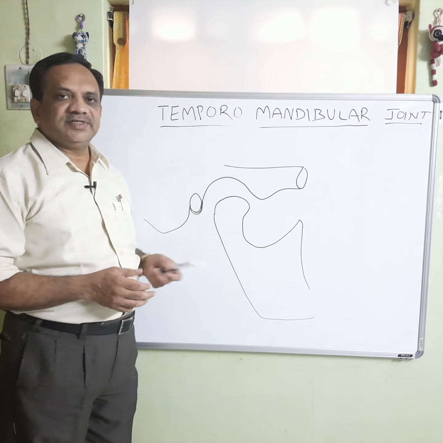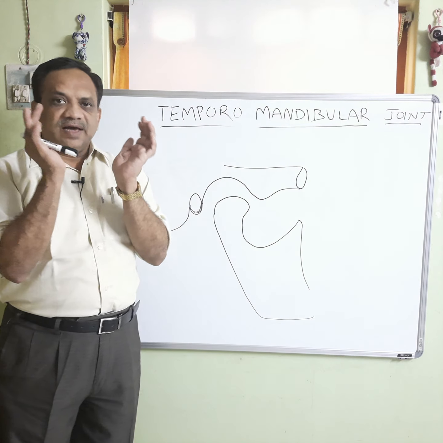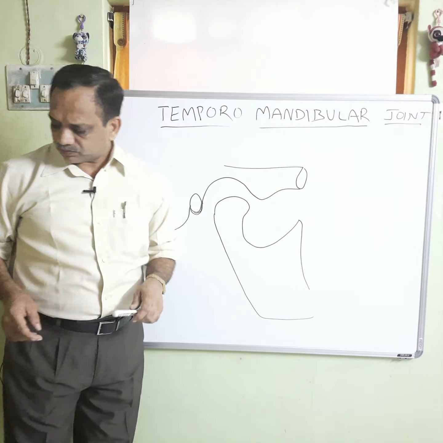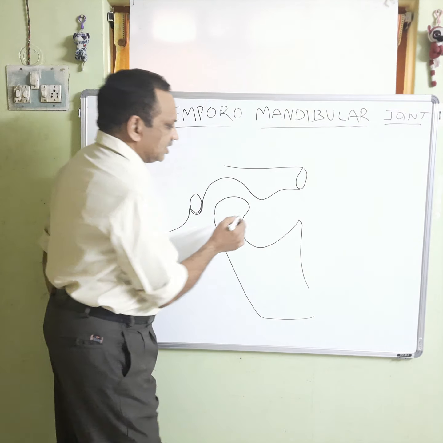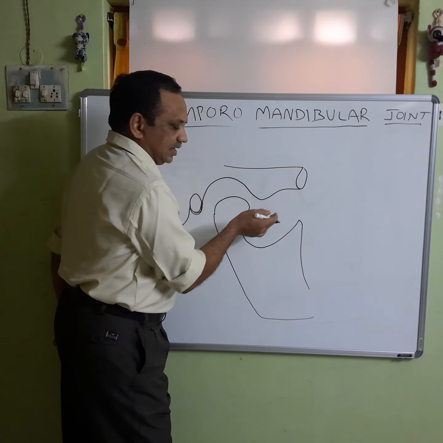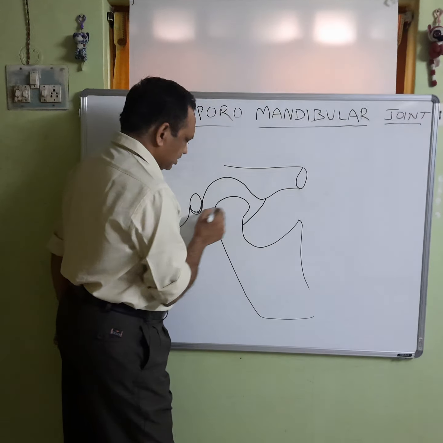As it is a synovial joint, there should be a space and there should be a joint capsule. The joint capsule is attached in front at the upper aspect to the articular tubercle and to the neck of the mandible.